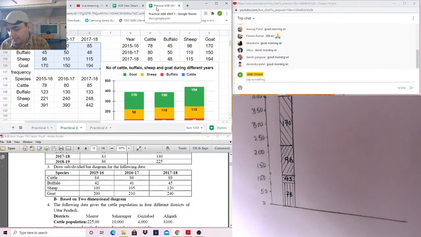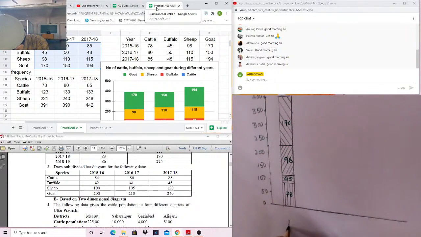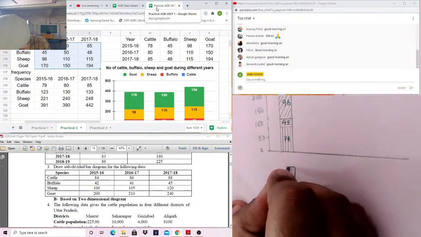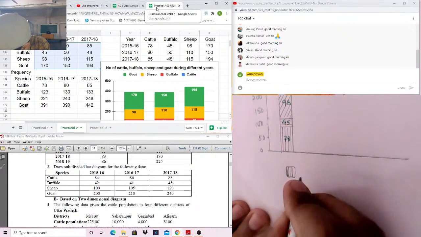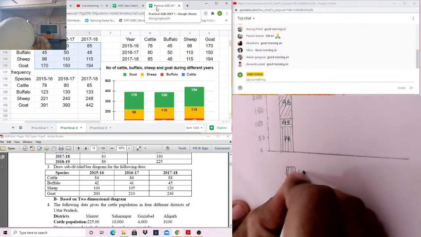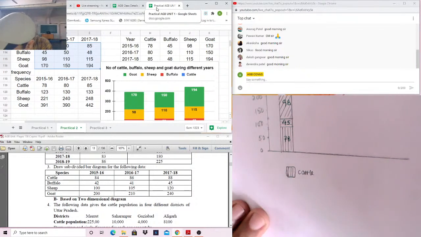Okay. And you have to make these legends also for them, that is, a box like this. If these are parallel lines, it means these are cattle. Okay.